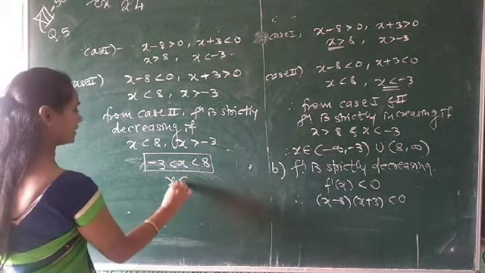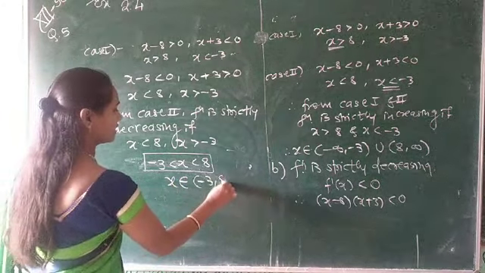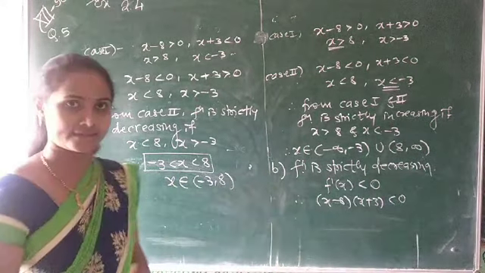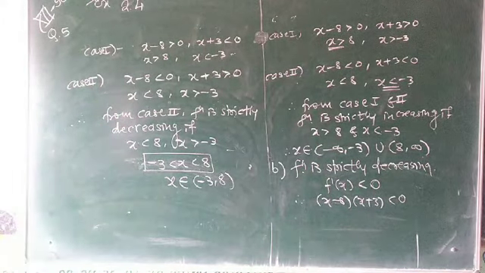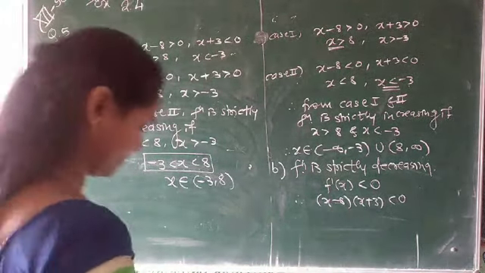Or also we write this as x belongs to the open interval minus 3 comma 8. So on that interval, the boundary points minus 3 and 8 do not belong to this interval.